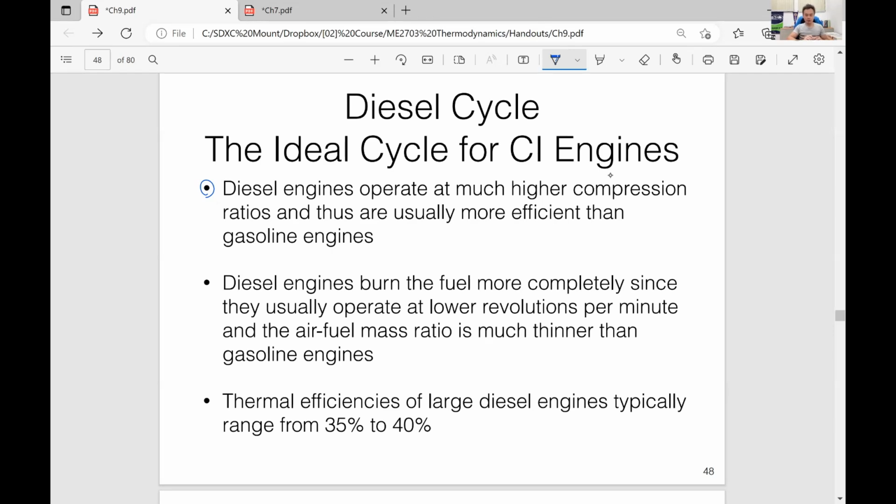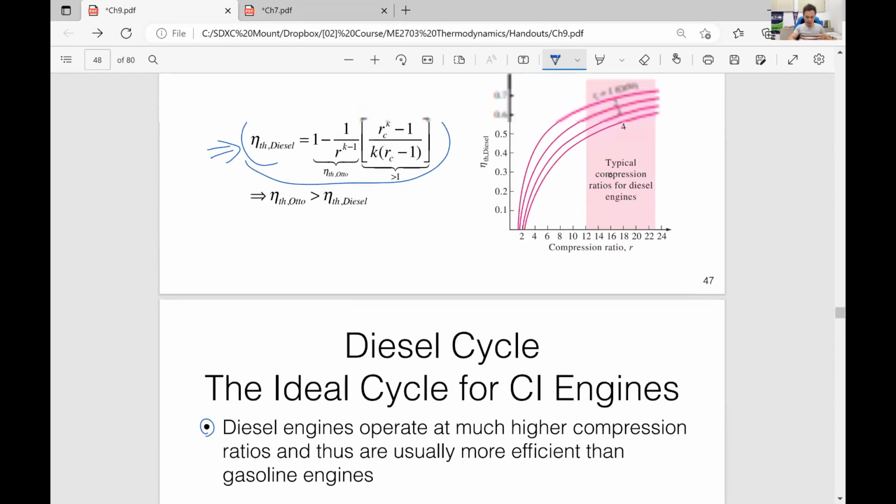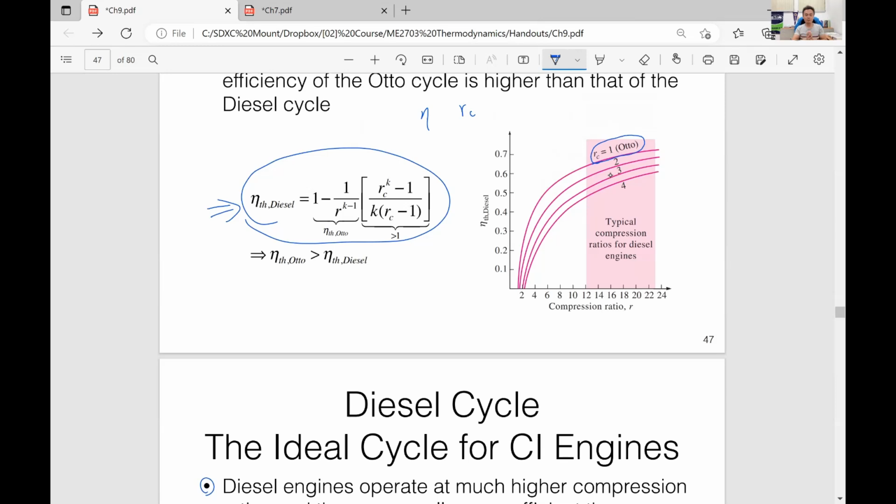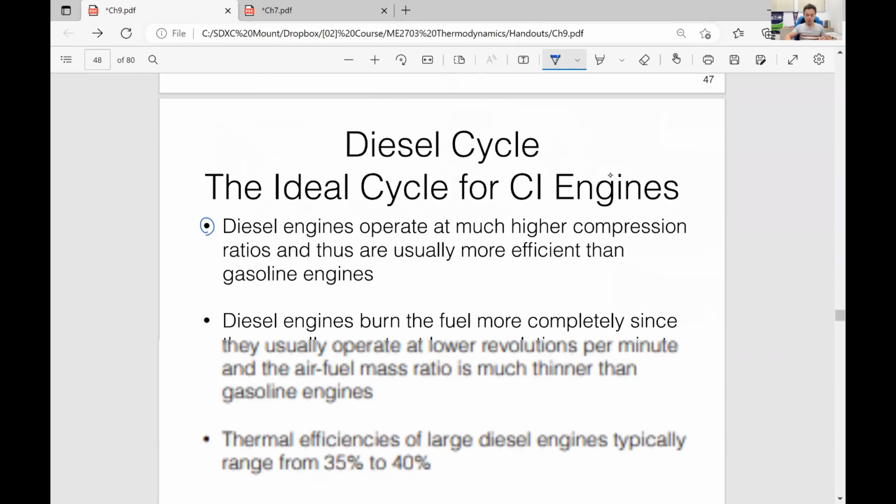But you need to know that under the same compression ratio, the Otto cycle's efficiency is larger than the diesel cycle's efficiency. However, because of physical limits, the minimum compression ratio of a diesel engine is larger than the maximum compression ratio of a gasoline engine. That's an interesting point.